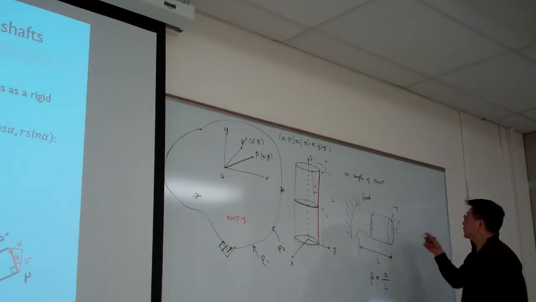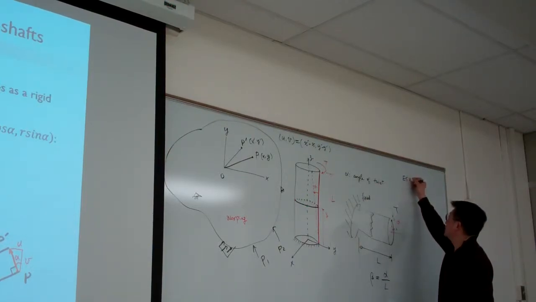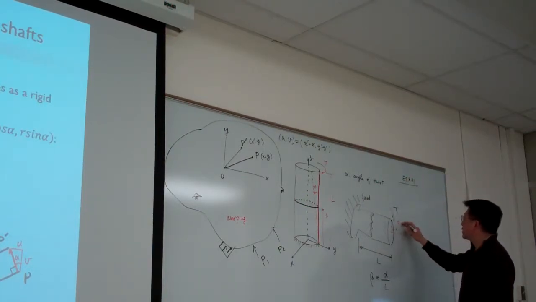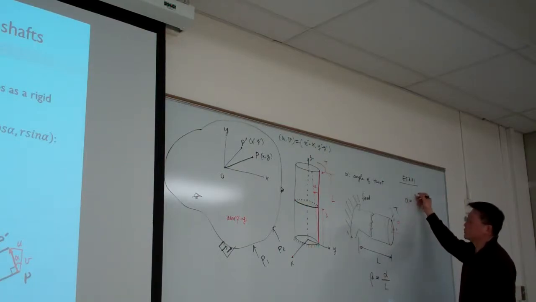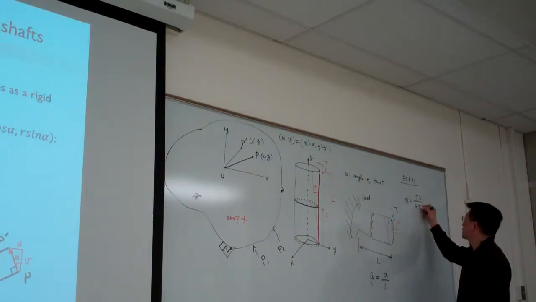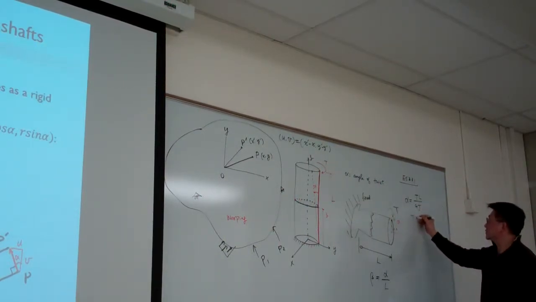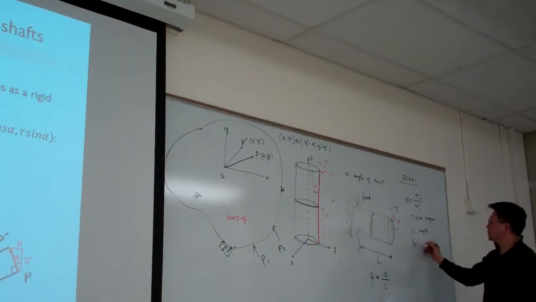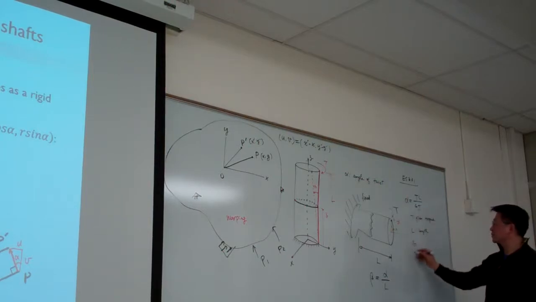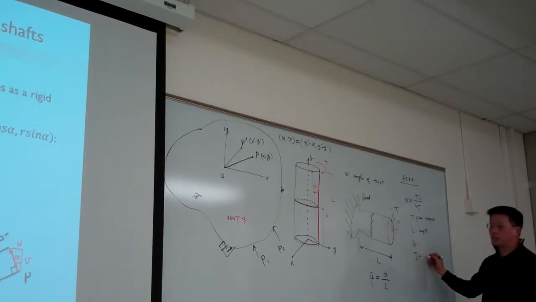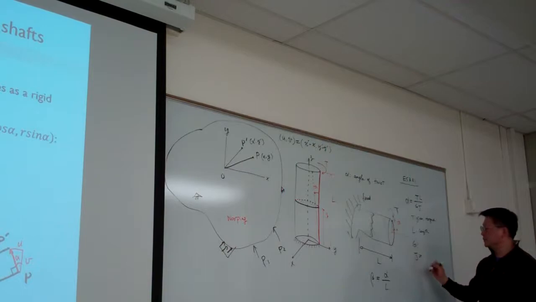If you remember from the fundamentals, the angle of twist equals TL over GJ. T is the given torque, L is the length of the shaft, G is the modulus of rigidity, and J is the polar moment of inertia.